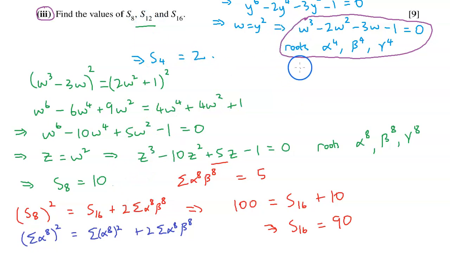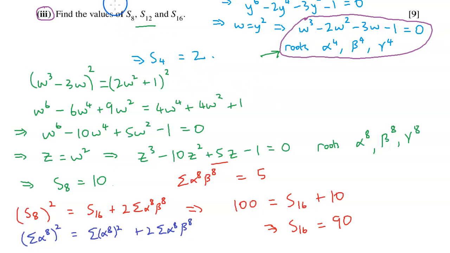Well, one way to go about it, and I think probably the easiest way, is this equation here. Remember, this is an equation, and it has roots alpha to the 4, beta to the 4, gamma to the 4, which means the value alpha to the 4 makes this equation true.